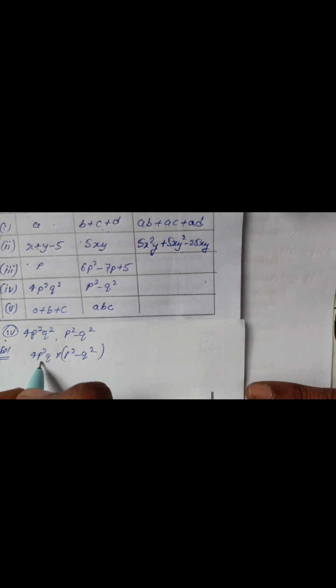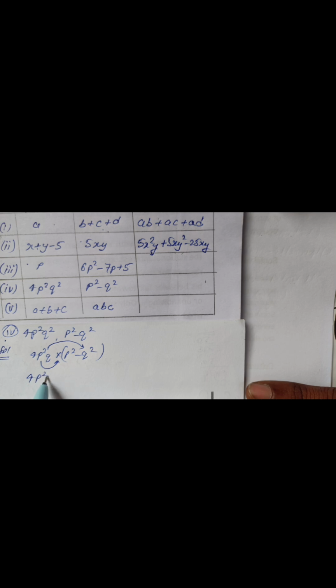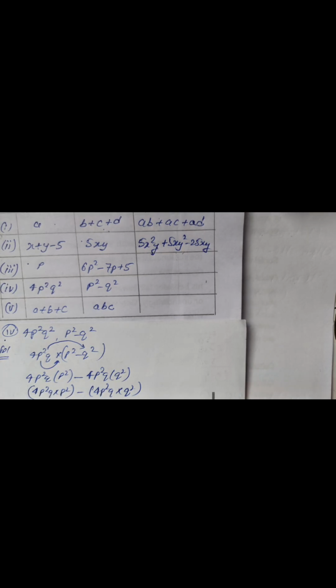So the entire term, first with this, then the entire term with this: 4p square q into p square, minus 4p square q into q square. So anyway you can write, either of that is same.